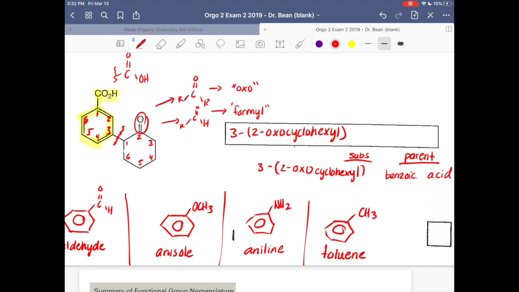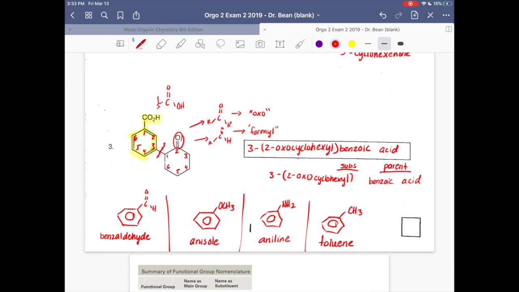Okay, an important question. Is there going to be a space between benzoic and the cyclohexyl? Nope, it just continues on, but there is a space between benzoic and the word acid. Okay, let me check her key. Perfect.